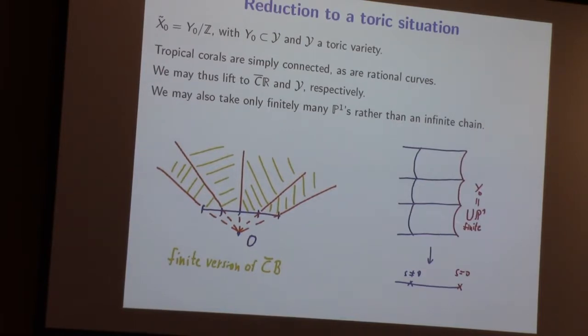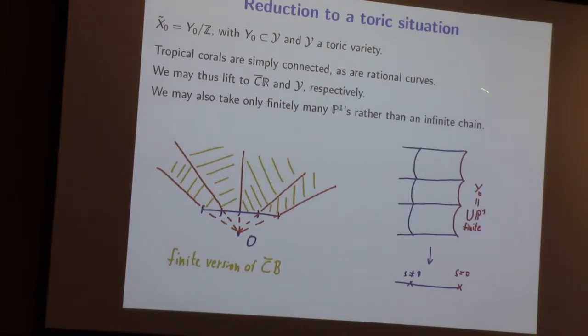So let's do that. So right, this X0 tilde is still a Z quotient of some toric variety. It's just a toric variety corresponding to the cone over this kind of thing, the fan that would take the cone over this in R3. Okay?